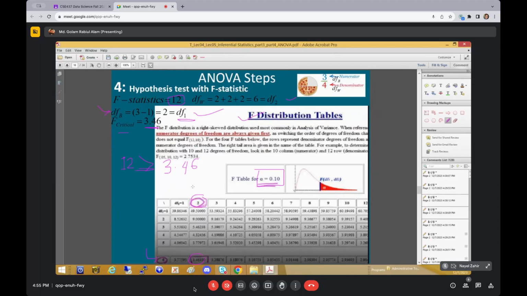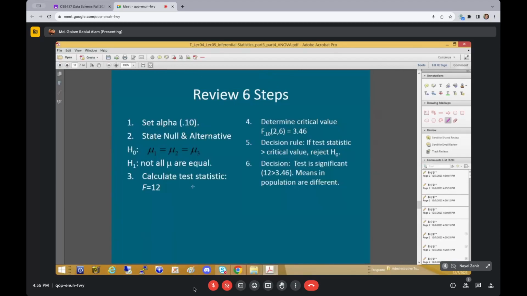If this is the case, then we have to reject the null hypothesis. We can say if the test statistic is greater than the critical value, then reject the null hypothesis. So we have to reject that.